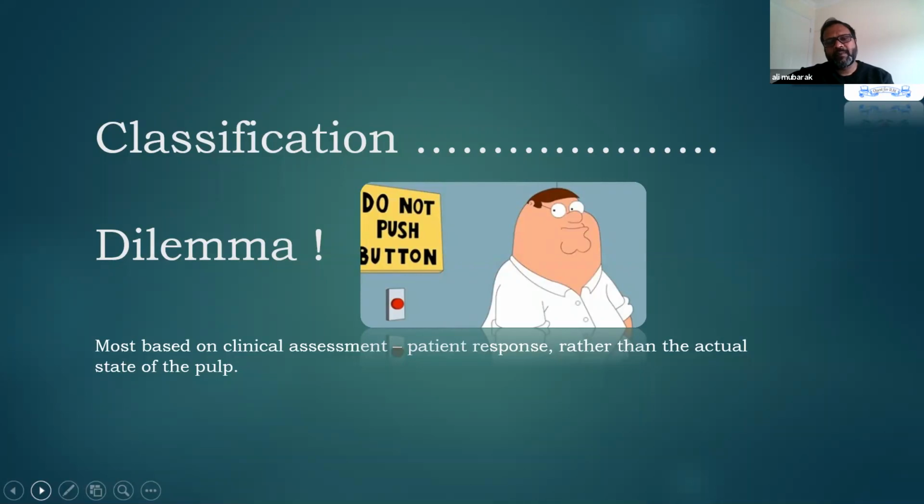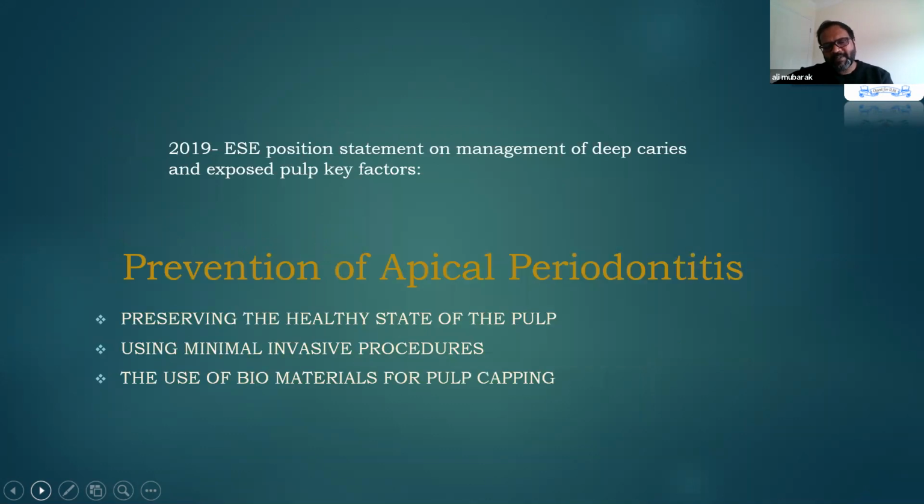So you go through the patient's assessment, patient response, rather than the actual state of the pulp, which is basically the actual proper vitality of the pulp. There was a classification which I found to be most confusing, Abbott's 2007 classification of pulpal diseases. Honestly, I just couldn't go through it, and I find it to be really, really confusing.